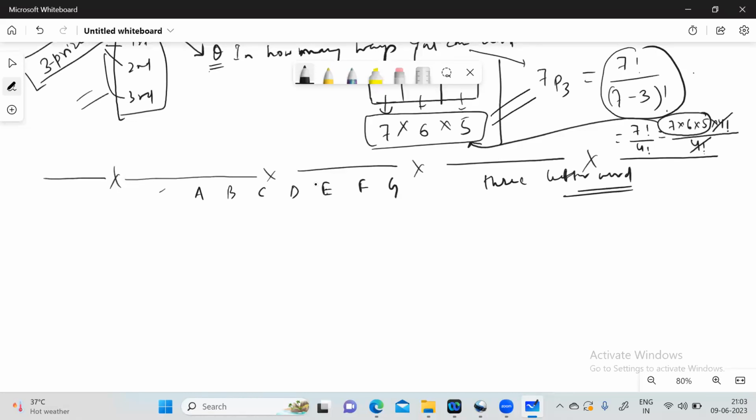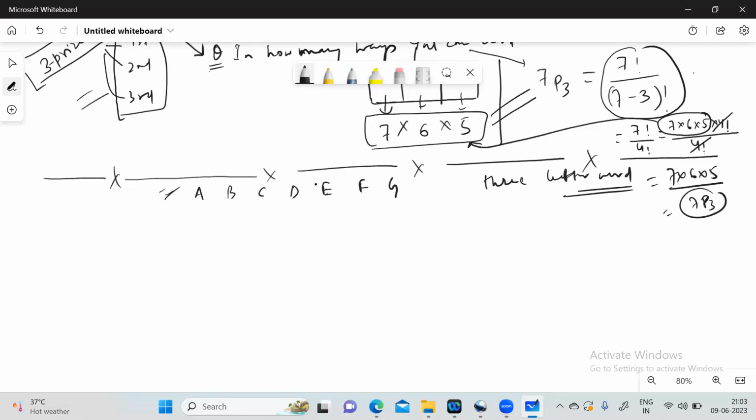So you know the answer would be 7 into 6 into 5 only, and we can call it 7P3. सबको पता हो गया, ये क्लियर है सबको till now? हाँ, sir.